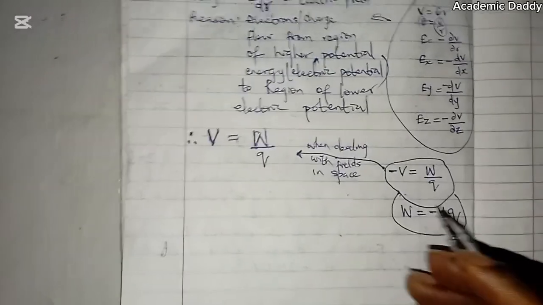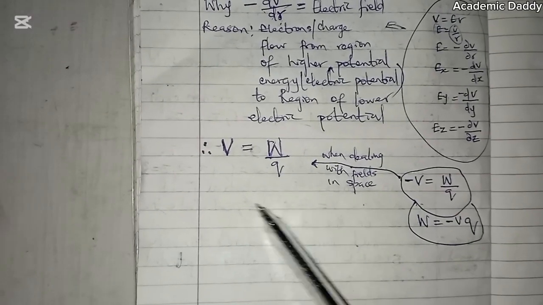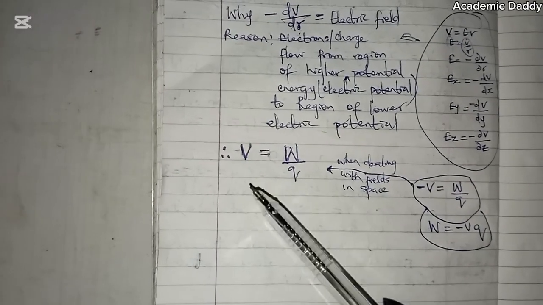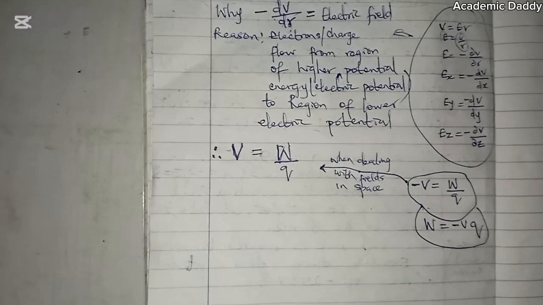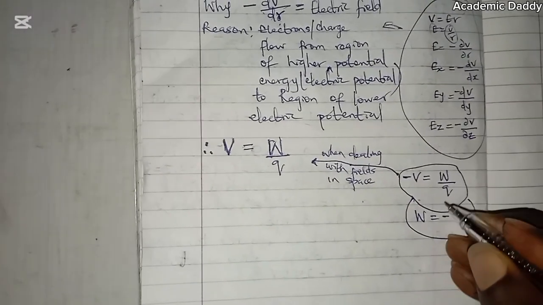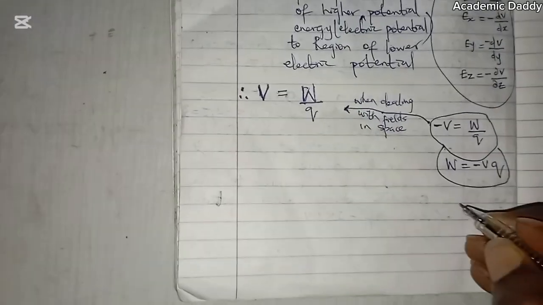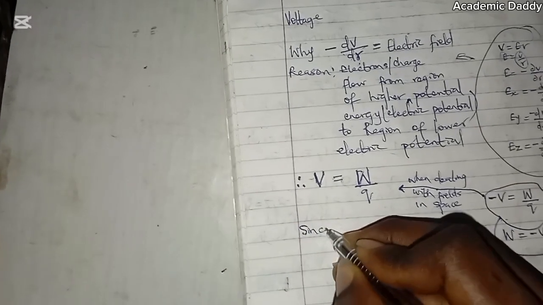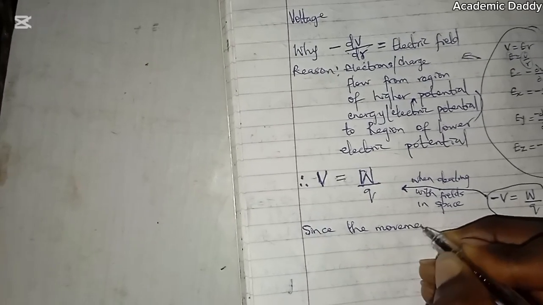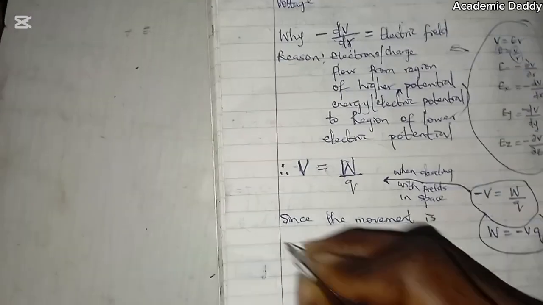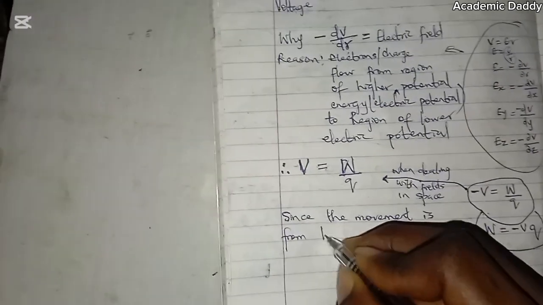This is what it should be like. So anytime you are considering electric potential, always see it in such a way that the movement is from a higher region to a lower region.